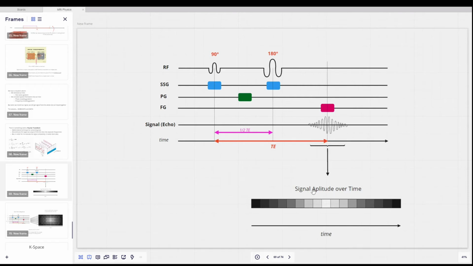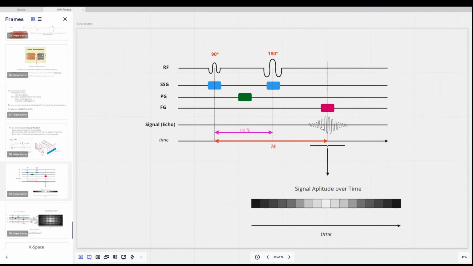So when the computer measures this signal, what it's doing is just plotting the signal strength, or signal amplitude, over time. If you were to plot what this signal looks like over time, it might look something like this. At the very beginning, there's not much signal, so it's black.